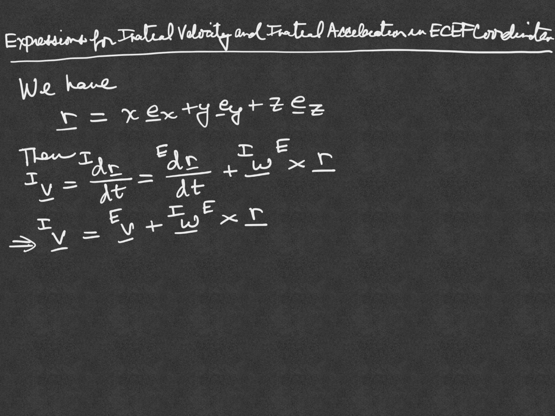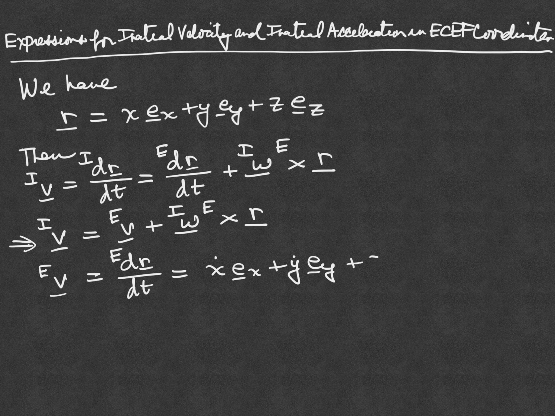Now, what we can do at this point is substitute in the expressions. We know that VE is equal to dr dt in E, which is equal to x dot EX plus y dot EY plus z dot EZ.